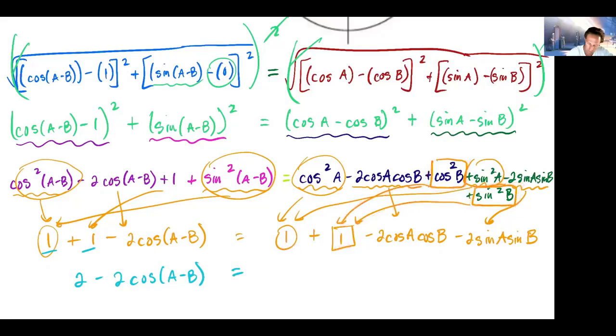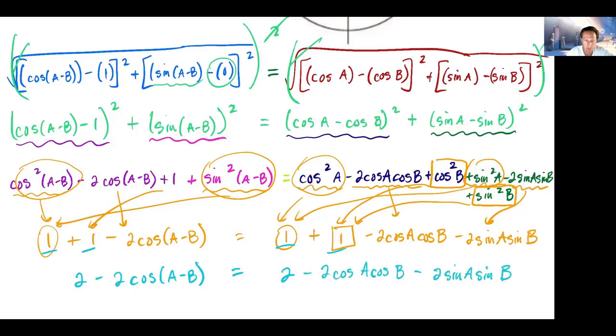Now unfortunately, whatever was left was left. So I just brought down the negative 2 cos a cos b and the negative 2 sine a sine b. And this is what's left. The only pairings that I can do is the 1 plus 1, which is 2. So that together with everything else leaves me with that.